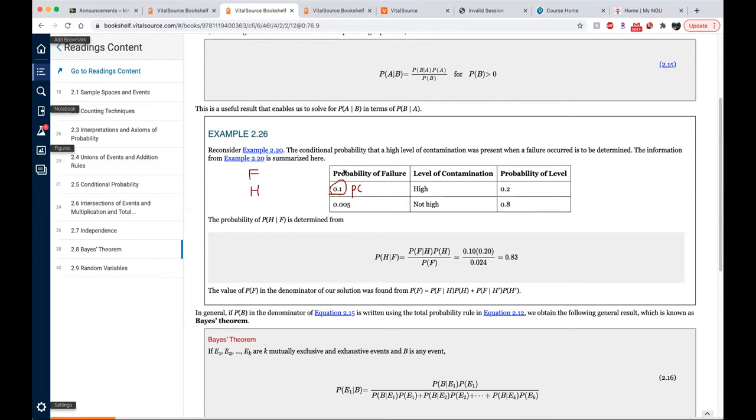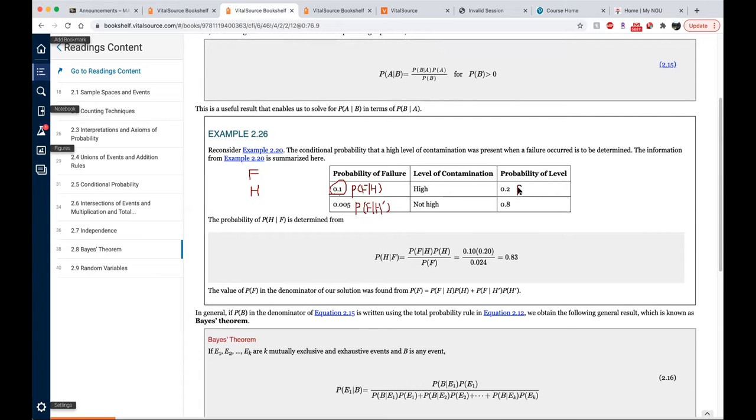So P(F|H) is the probability of failure given that the level of contamination of the part is high. And 0.005 is the probability of failure given that the level of contamination is not high, so H complement, H prime. Then there was a 0.2.